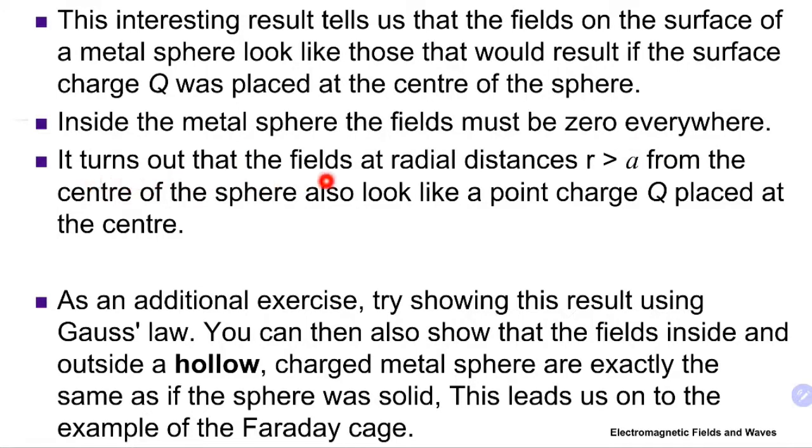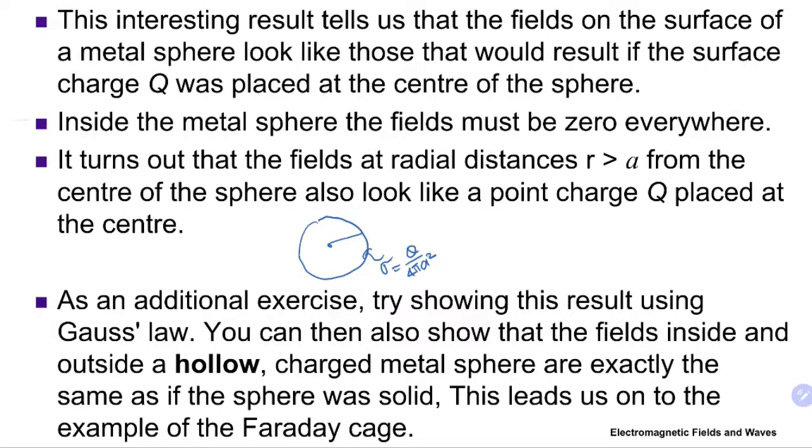So it turned out that the field at a radial distance r greater than A from the center of the sphere looks like a point charge Q placed at the center of the sphere. Okay, so in the example that we have just now, we have a sphere. The sphere has a charge density equal to Q over 4 pi A squared.